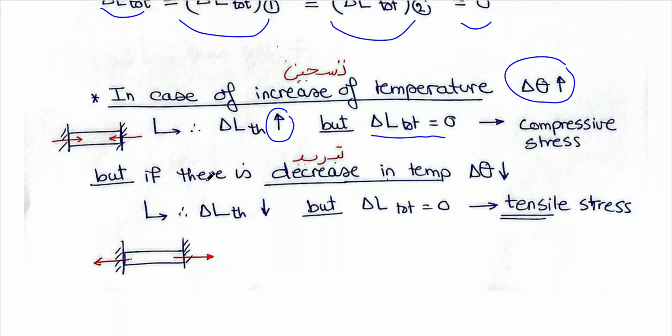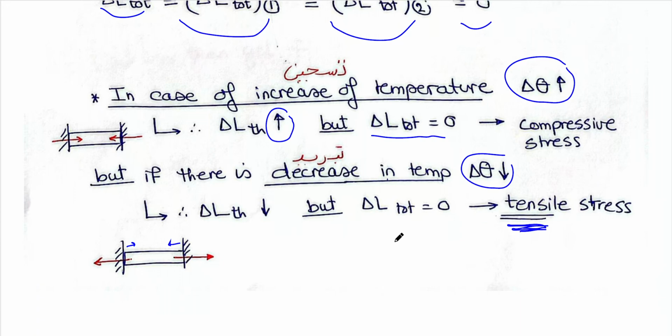But if I'm decreasing temperature, if delta theta is decreasing, delta L is trying to shrink, but we are preventing it because we are putting it between two rigid walls. That's why it's as if the walls are exerting tensile stress on the rod.